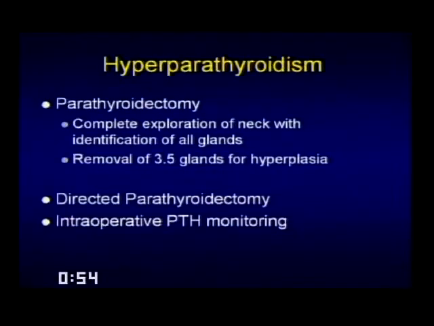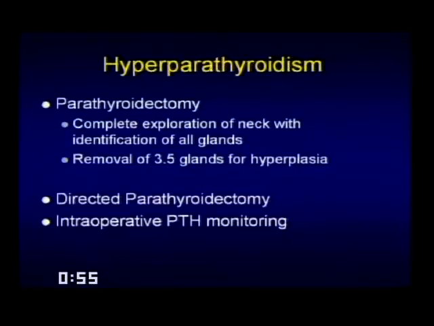More commonly now, there are new approaches to this, and our head and neck surgeons may decide to do a directed parathyroidectomy, using video assist sometimes. They'll frequently get a preoperative sestamibi scan to help localize the parathyroid adenoma, and may also use intraoperative PTH monitoring, which gives you real-time assessment of the drop in PTH after removal of the parathyroid that's causing the hypersecretory syndrome.